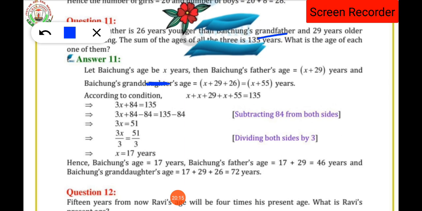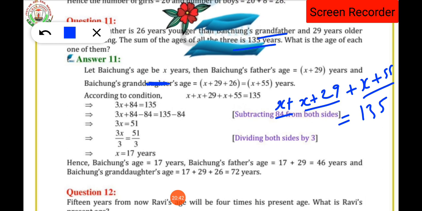So that's why we added 29 plus 26, which is 55. And the sum of all three ages is given in the question as 135. That's why the equation will become x plus x plus 29 plus x plus 55 is equal to 135.